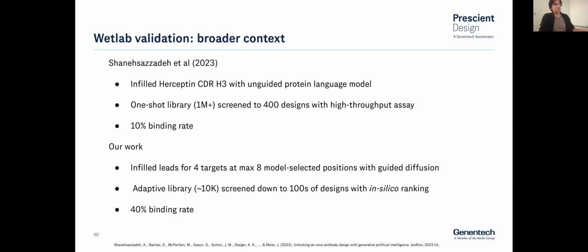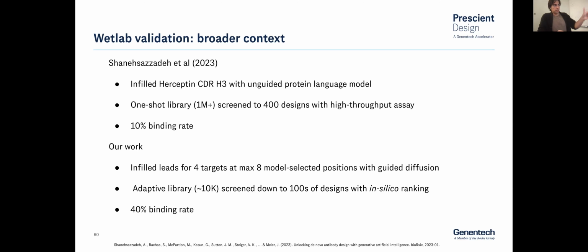They just used an unguided protein language model to do the infilling. This generated a large library of about 1 million sequences that they screened down to about 400 with a high throughput assay. Those 400 were then validated with a similar assay to what we were doing, surface plasmon resonance. Where they infilled only CDRH3, they observed a 10% binding rate of the 400 that they validated.